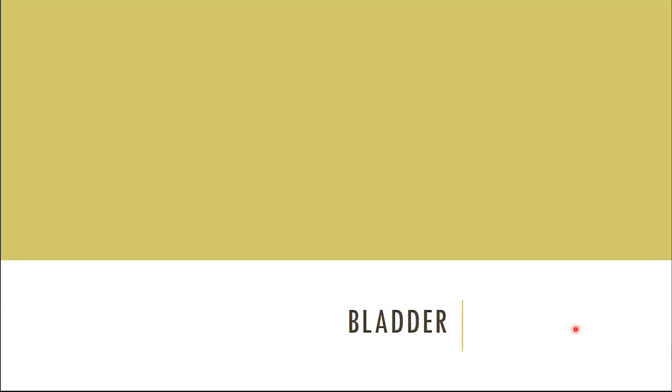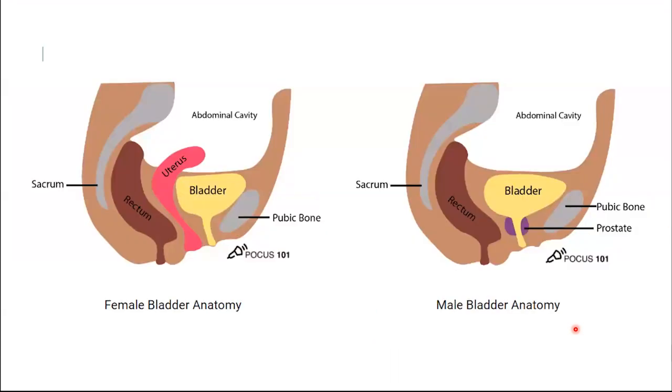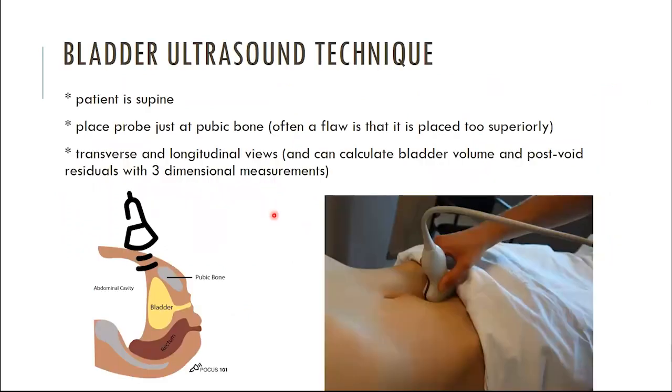The bladder is often much lower than we think when we're putting an ultrasound on there. You really have to get at the pubic bone and sometimes even tilt further if it's an underfilled bladder. Again, you have the patient supine, placing the probe just at the pubic bone.